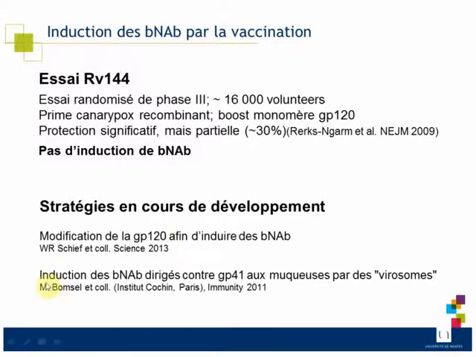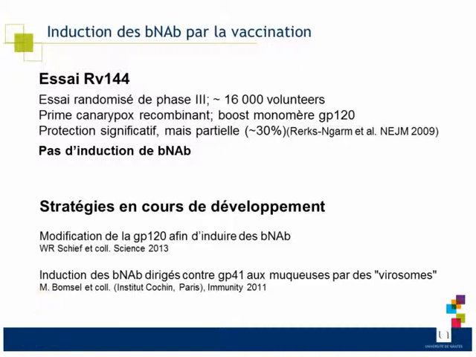And another approach is to try and induce antibodies directed against the fusion domains, directed against the GP41 epitopes. And this is Morgane Bumsel in Cochin who's been doing this. So in 2011, she showed that this was possible in macaques, and phase 1 has just been published this year. What is interesting about this is that she was very careful to try and target induction of antibodies at mucosal sites.